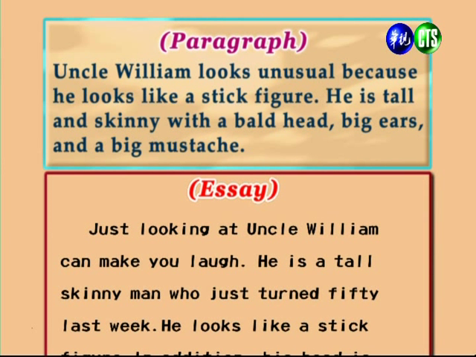And so if we look at the first sentence, it says, just looking at Uncle William makes you laugh. So again, we just want to emphasize that Uncle William looks humorous, not negative.